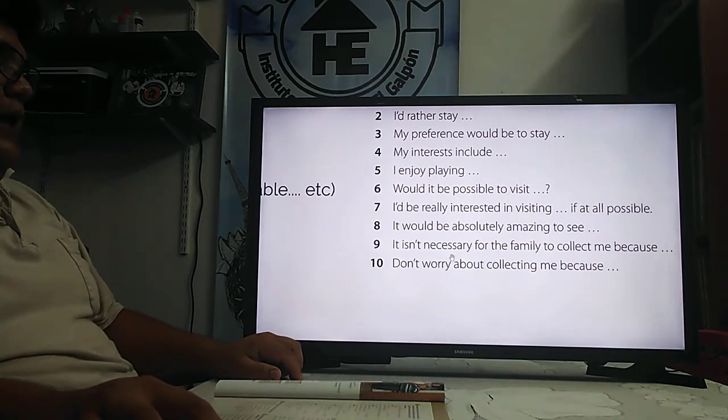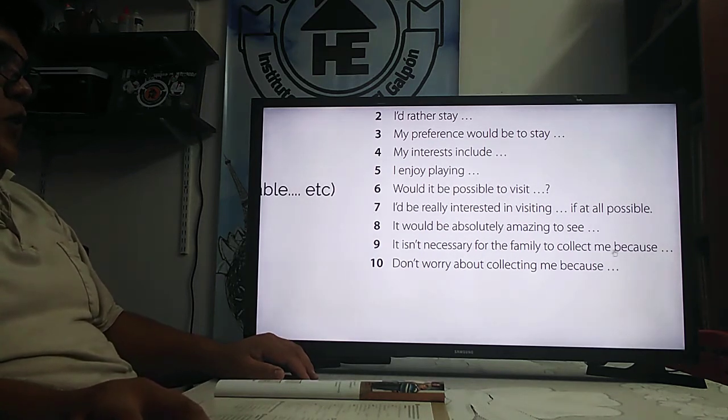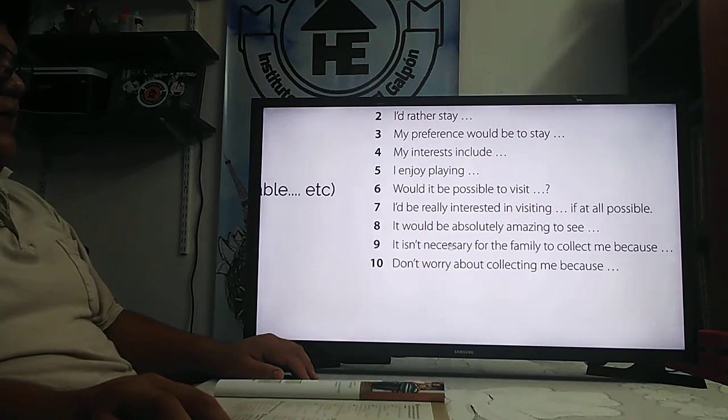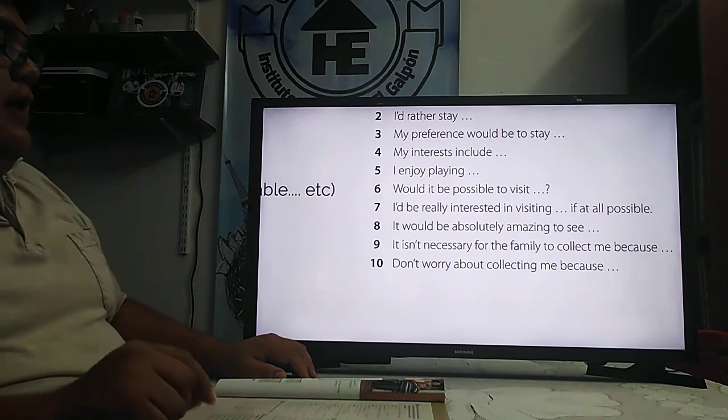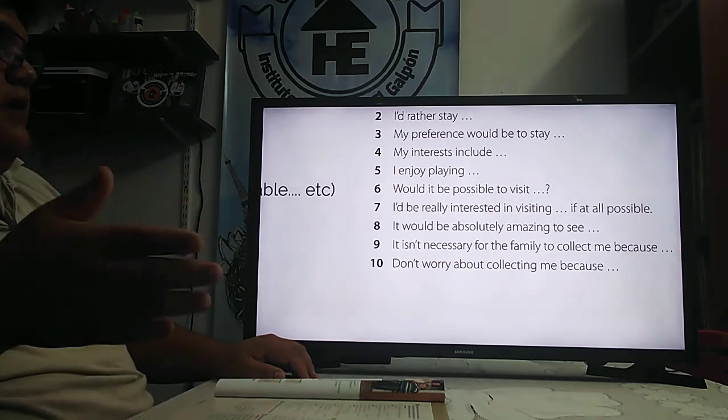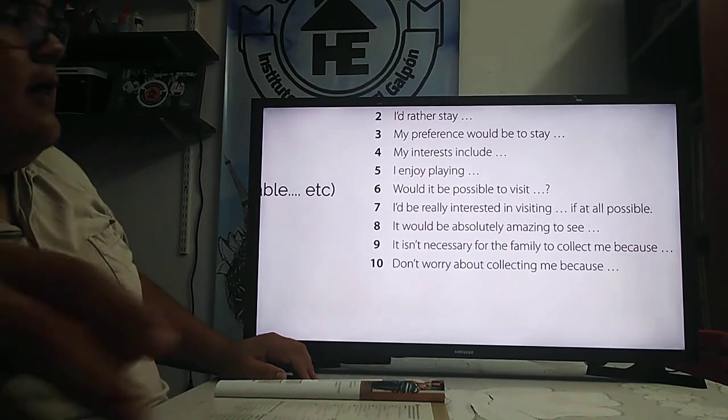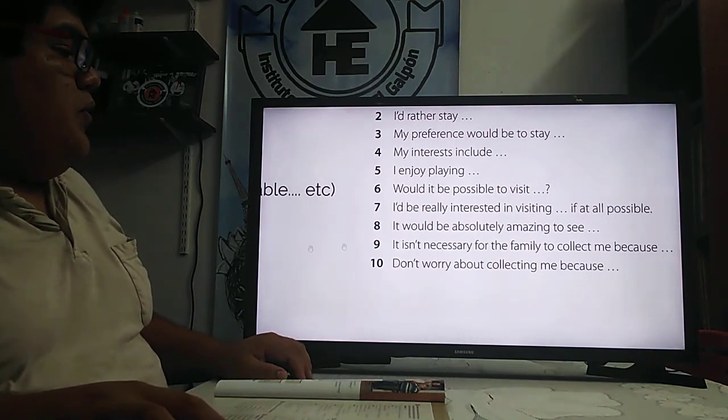And then we have number 9, it isn't necessary for the family to collect me because, and don't worry about collecting me because, okay, again, this is totally informal. This is rather formal, okay, it's not what I would choose. I would say there's no need to collect me because, and then you choose, okay?